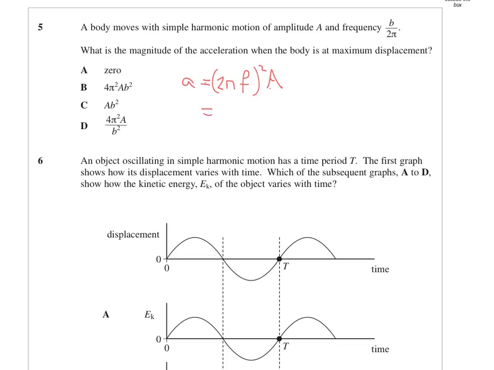So that's going to be 4 pi squared, b squared over 2 pi squared, a, which cancels with that, giving you b squared a, or a b squared, which is option C, right here.